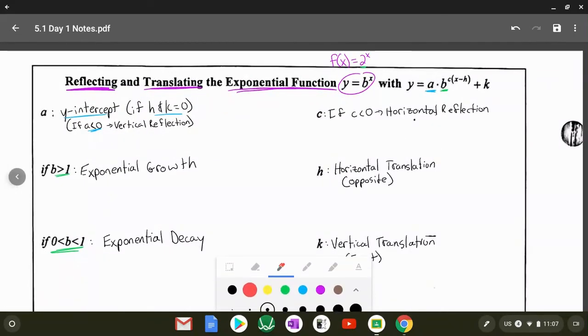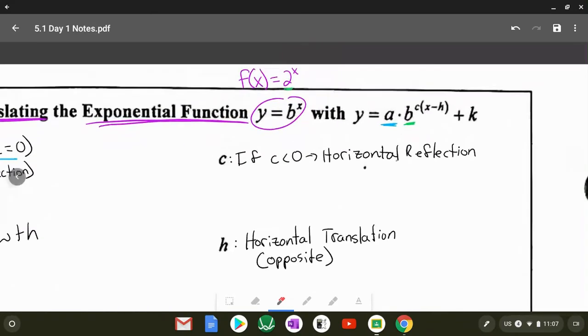And then for C, we don't do a lot of horizontal stretching in our exponential functions, but if this is a number larger than 1, it would be a horizontal compression, and if it's a number between 0 and 1, it would be a horizontal stretch. But mostly what we'll see is if that C value is a -1, then it's going to be a horizontal reflection.